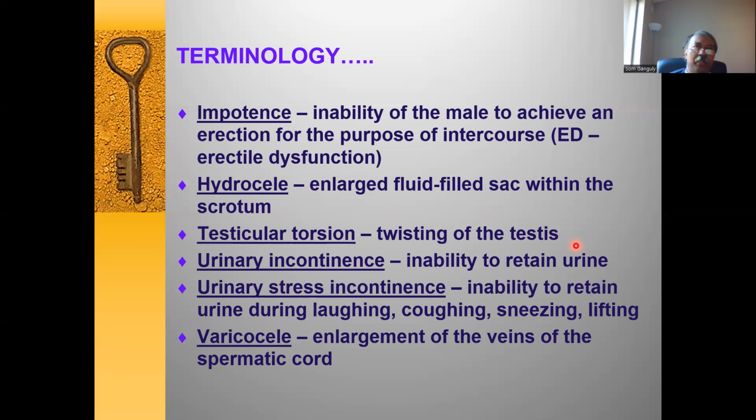So every time the bladder gets a little bit of urine, maybe 10 cc, 30 cc, the sphincter opens up and the patient doesn't have control. They cannot close the sphincter voluntarily, and that is why they have a urinary incontinence problem.